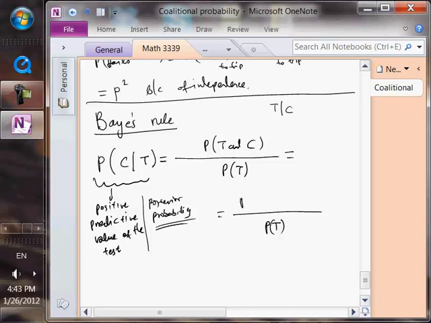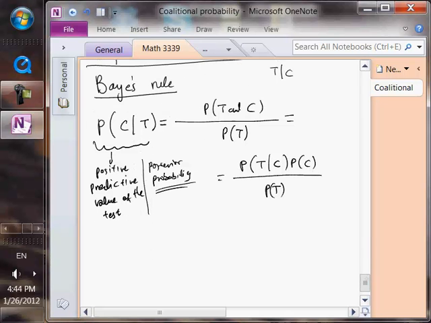Here I use the definition of conditional probability, so that will be T given C times the probability of C. Do you remember that from the definition of conditional probability? And if you don't, just take my word for that. You can review it in the video from the previous class. And now I want to calculate this.